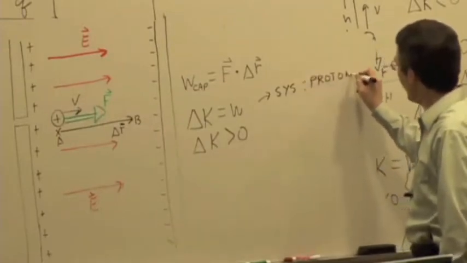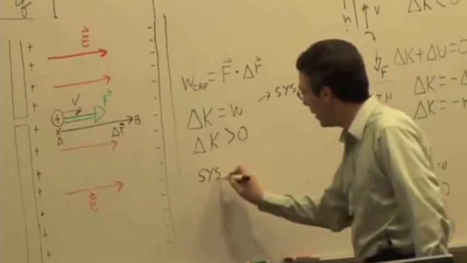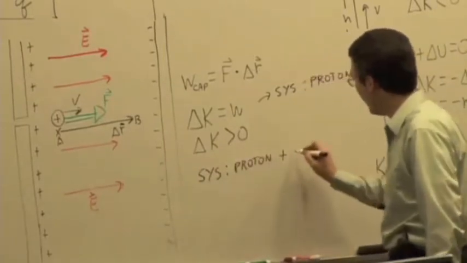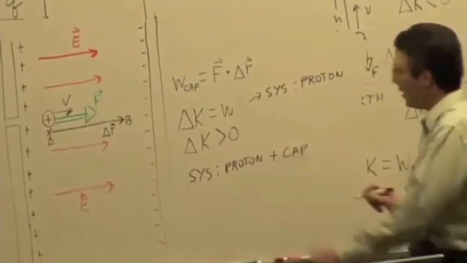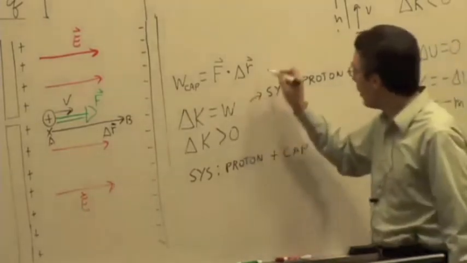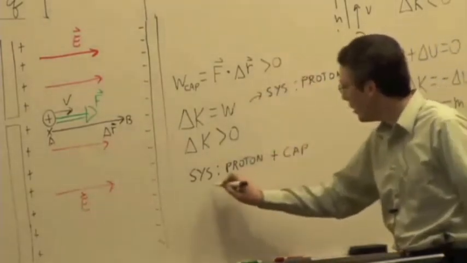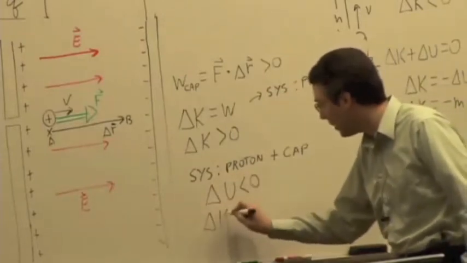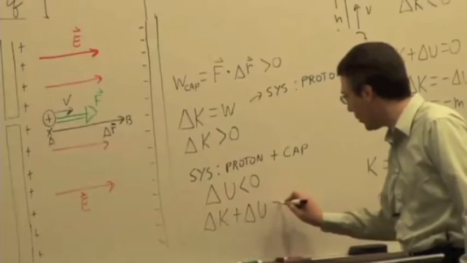If we then think about the system of the proton plus the capacitor, the change in potential energy is going to be the negative of that external work. So if the work is greater than 0, the change in potential energy is less than 0. So delta K plus delta U equals 0.